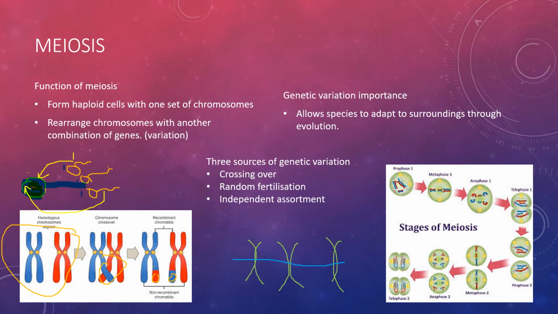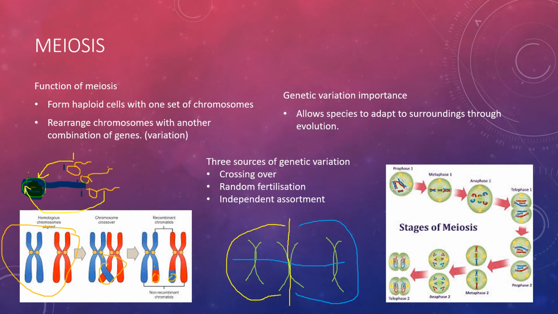When they're separated like this, we've got these and then this. Let's draw a different color for this one. And then this side. Because of the random assortment in which they line up during metaphase, it will result in different characteristics, different genetic variations of cells that are produced.